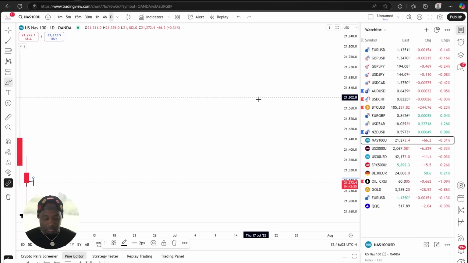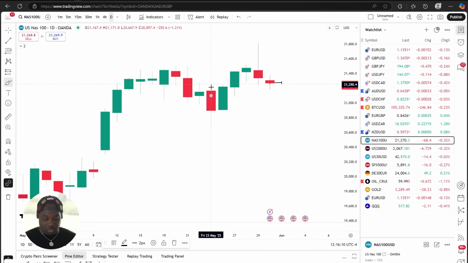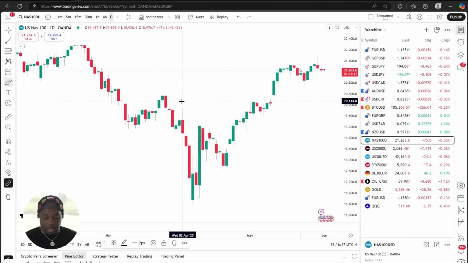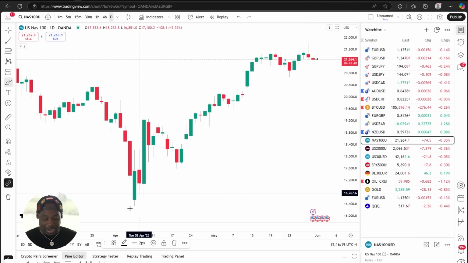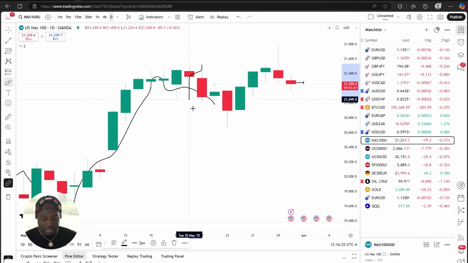You see how we have this red candle right here? This red candle on a daily chart is a 5-minute downtrend. Even though in general, the daily chart is trending up, this one red candle is a downtrend.